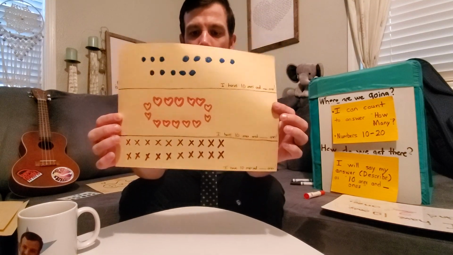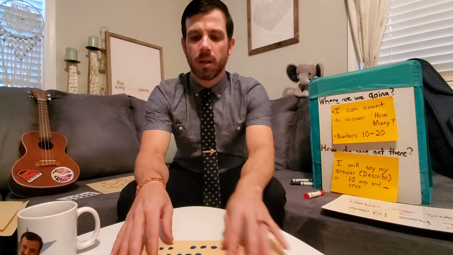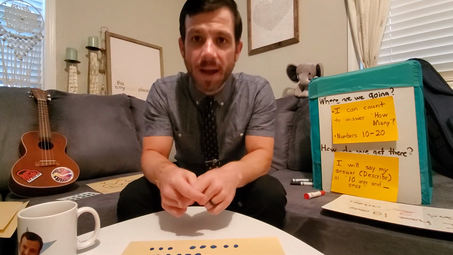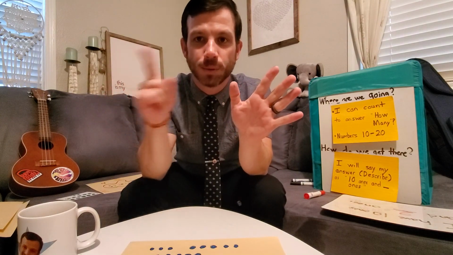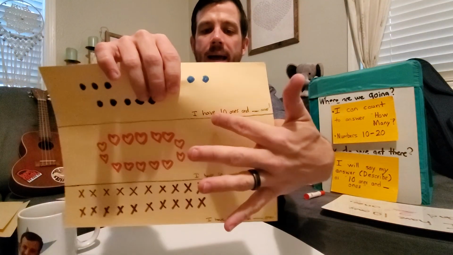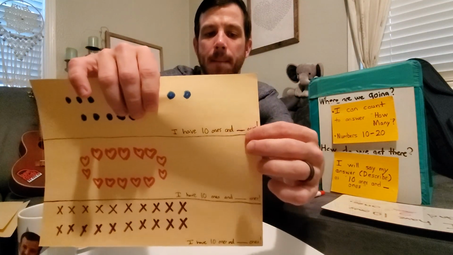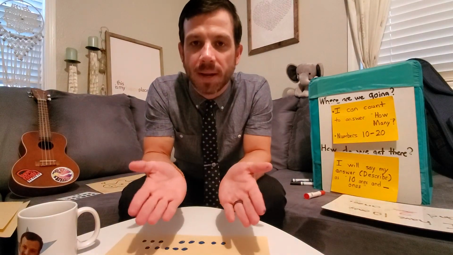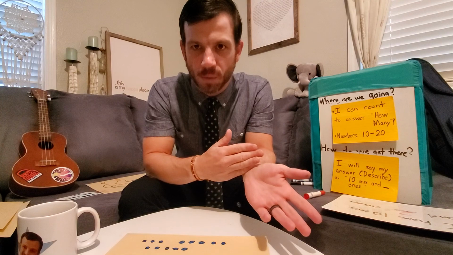And as we do that, I'm gonna angle the camera down so you guys can be looking and touching and counting objects with me. And when we find a group of 10, we're going to circle it. You're right. And then notice here, it says I have 10 ones and blank ones. In that blank, we're gonna write how many are left over, right? How many we have outside of our circle of 10.